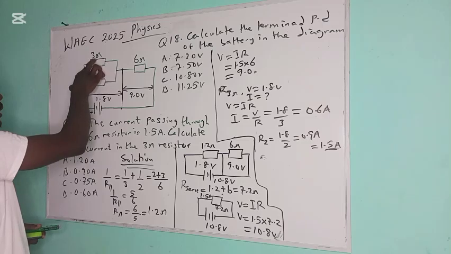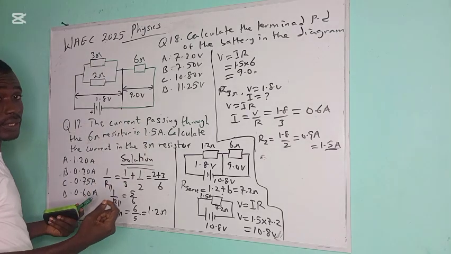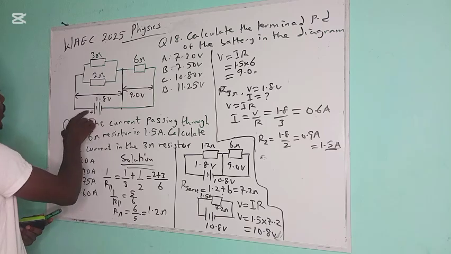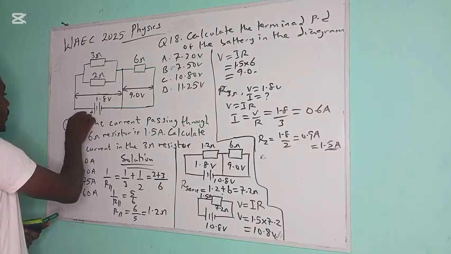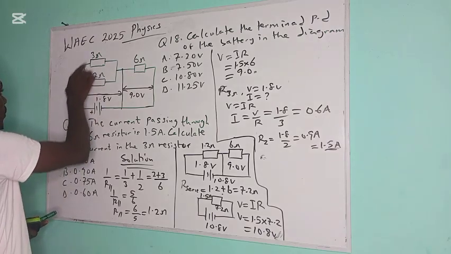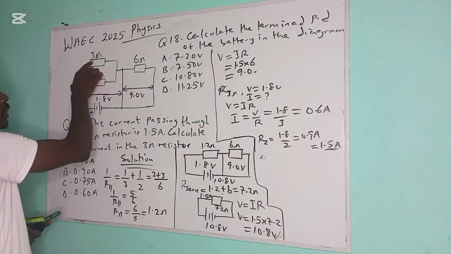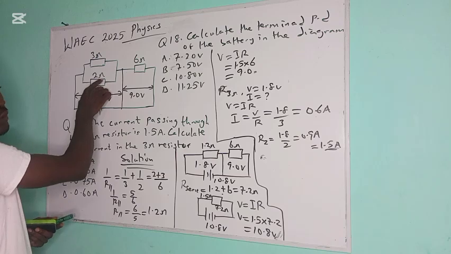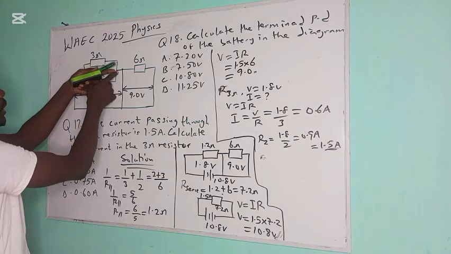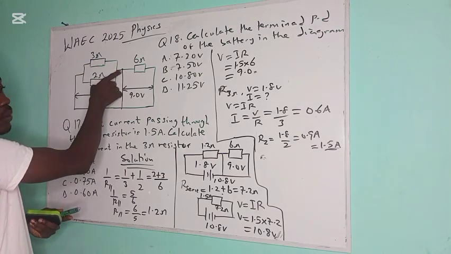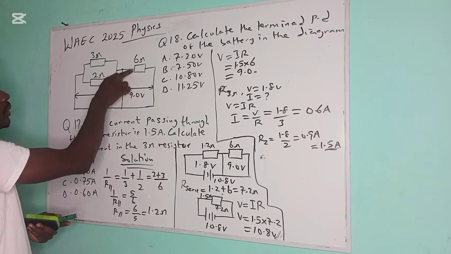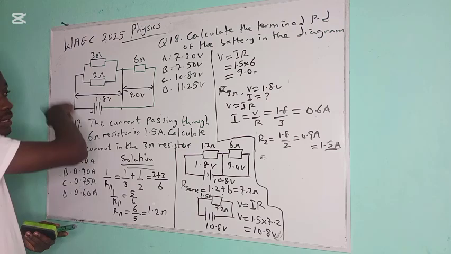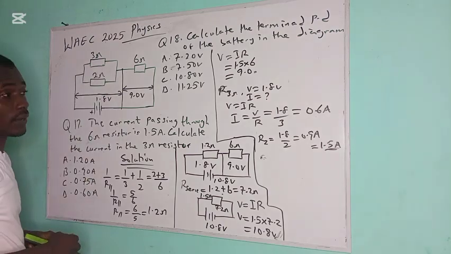So you can see that we are still correct. 1.5 comes from here and enters here. This one shares 0.6 amperes, this one shares 0.9 amperes. Then combined again, that will be 1.5, and 1.5 flows here, then comes here and enters. That's how the whole thing goes.